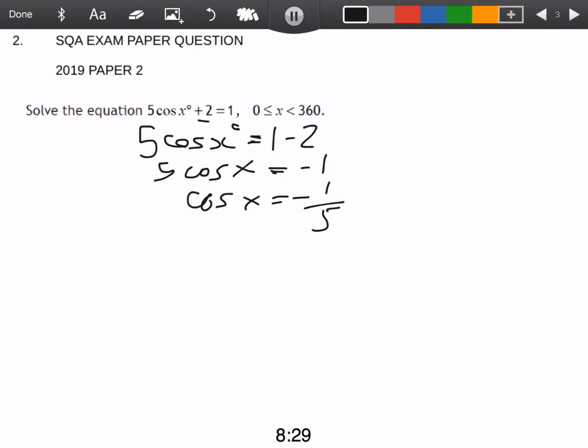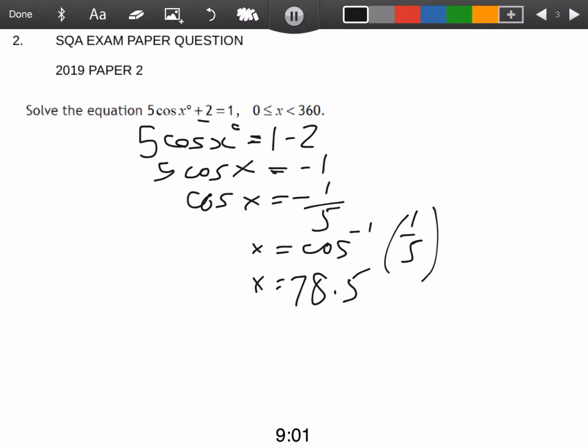Cos x equals negative. We do not type in the negative. Ignore the negative. Inverse cos of a fifth. Okay, if I do that on my calculator, inverse cos, it doesn't actually specify, you'll notice it generally doesn't say anything about rounding, okay, I'm going to stick with 1 decimal place here, 78.5.